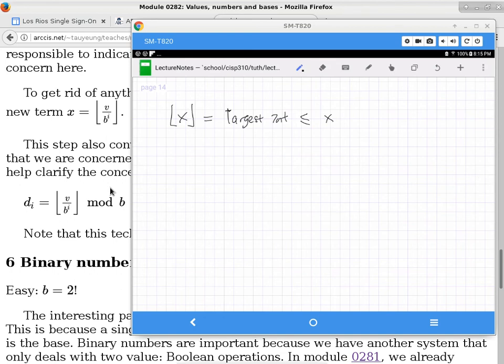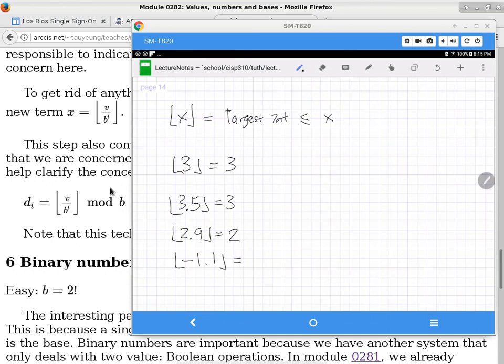Okay. So that's the definition of the floor. So I'll give you some examples. The floor of 3 is easy, right? Because the largest integer that is less than or equal to 3 itself is 3. Okay, that's easy. 3.5 is also 3. 2.9 is 2. Negative 1.1.